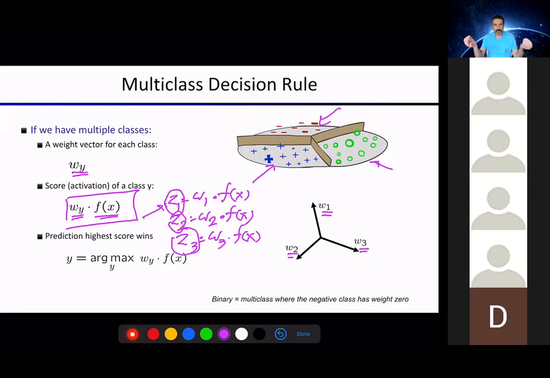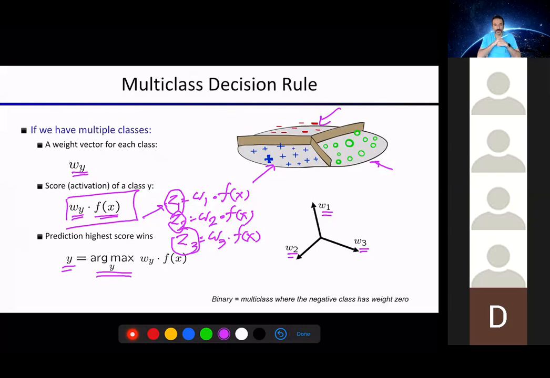So it's a simple comparison between these three numbers, and it produces the label by maximizing this activation. So it's a very simple extension for multiple classes.